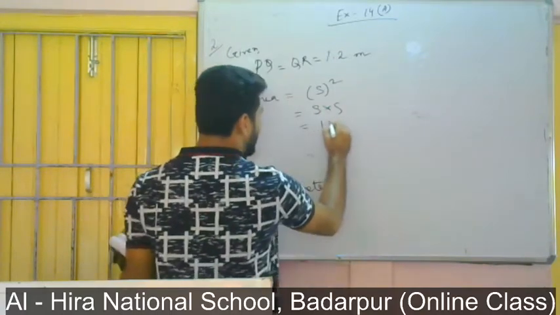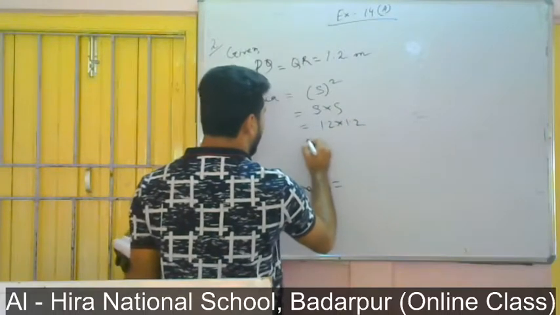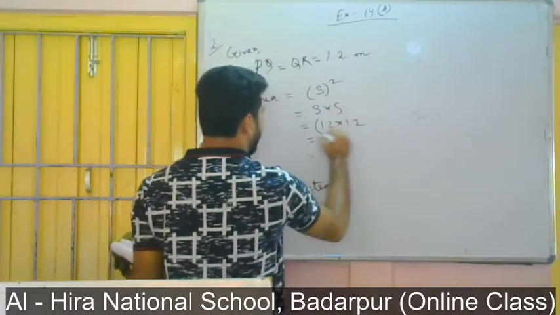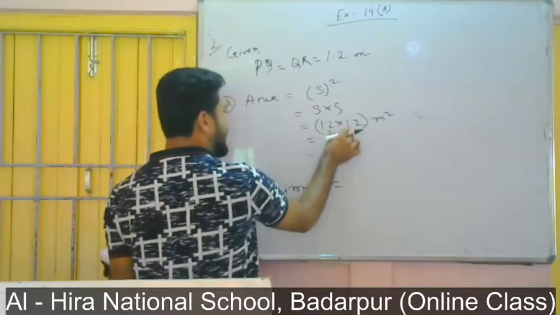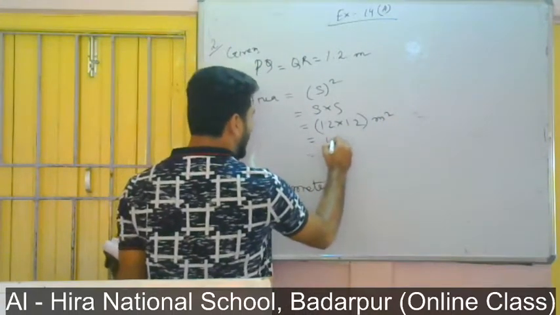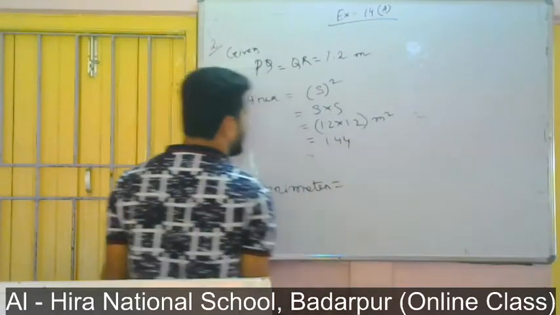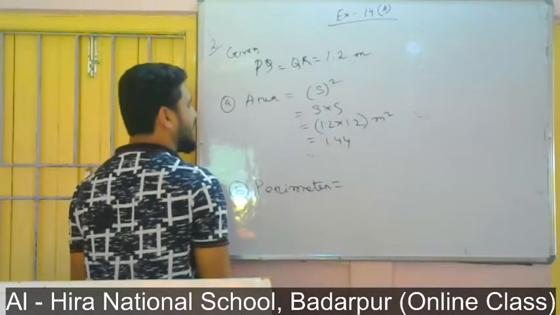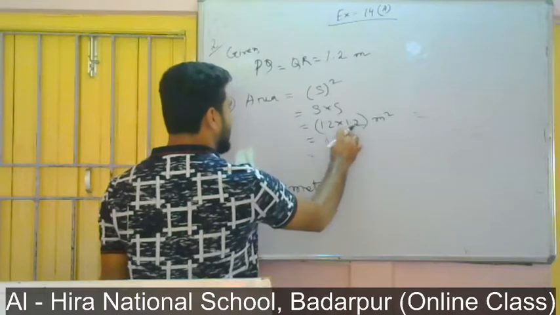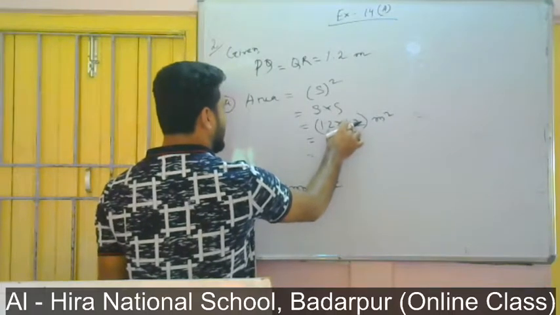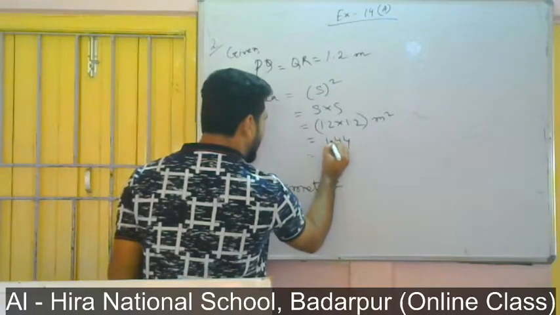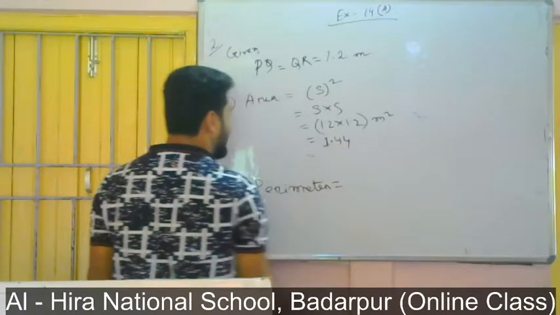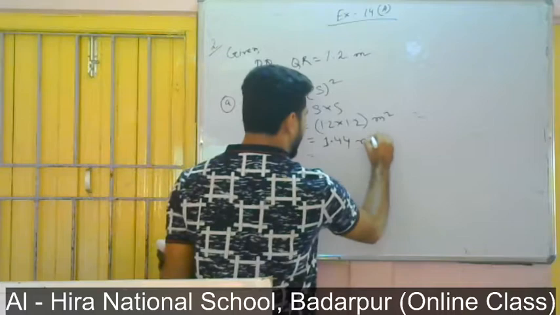So 1.2 into 1.2 meter square. If I multiply, we get 144, since 12 square equals 144. There are 2 places after the decimal, so the decimal point will come here. The answer will be 1.44 meter square.